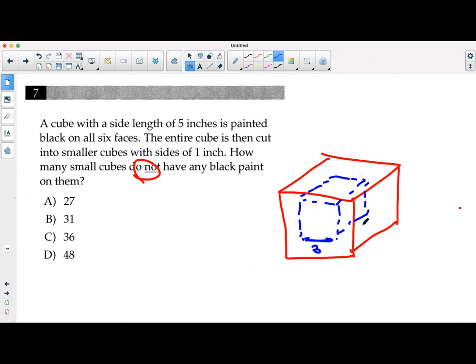Depth is also 3 as well, because out of 5 inches, the outer inch and the other outer inch were painted black. So I'm going to take that out. And top and bottom is also 3. So what do we get, guys? 3 times 3 times 3, we get 27 of them that are not painted at all. So that was number 7. Alrighty, guys. Let's move on to number 8.